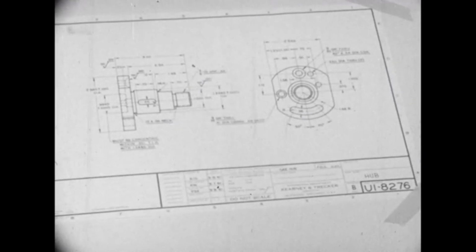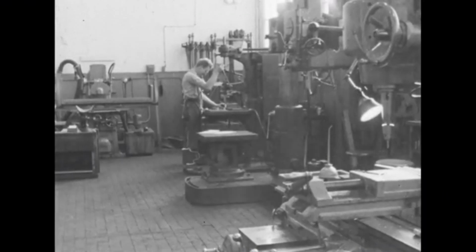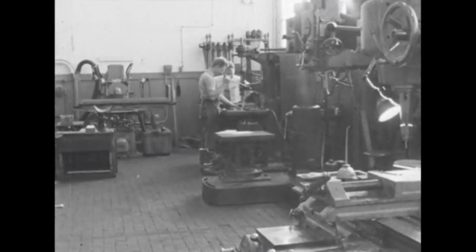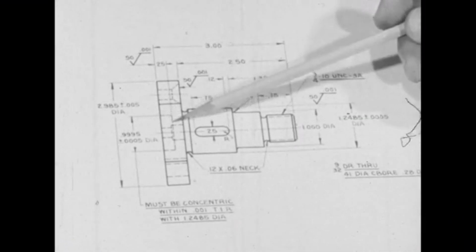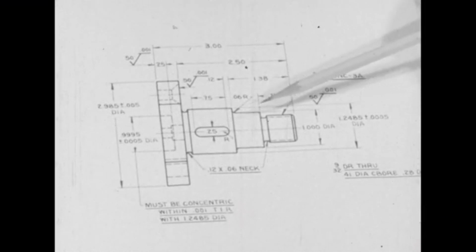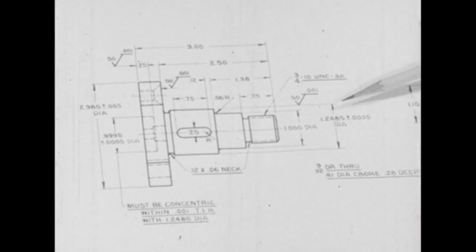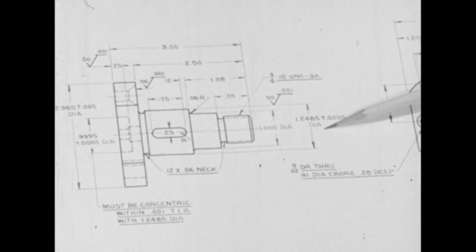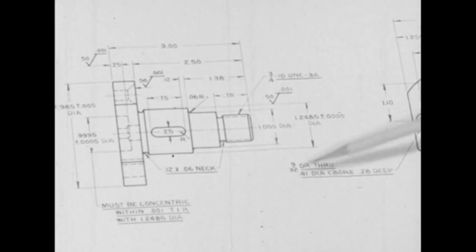It must take into consideration the capabilities and limitations of the men, hand tools, and machine tools available for production jobs. For instance, this 1-inch bore must be concentric within 1/1000th of an inch to this diameter, according to this note.